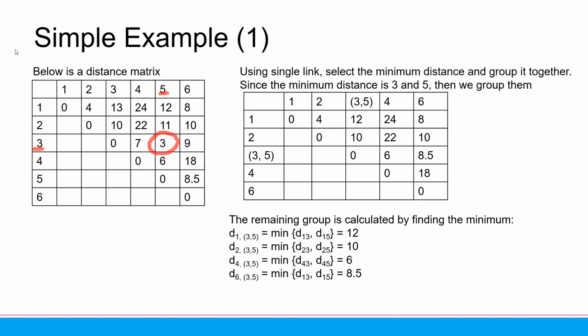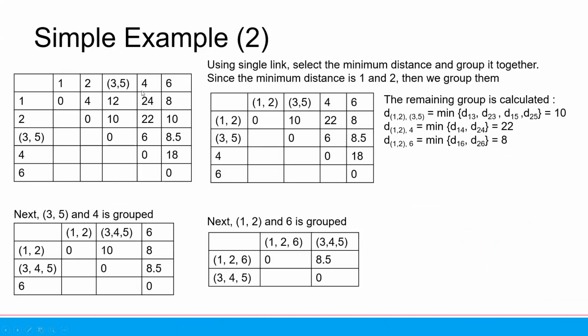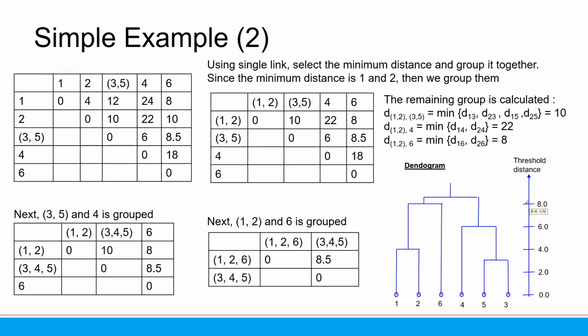So I can make the dendrogram between 3 and 5, it is in the distance 3. What about 1 and 2? The distance between 1 and 2, they are grouped in the distance of 4. So this line is located in the value of 4.